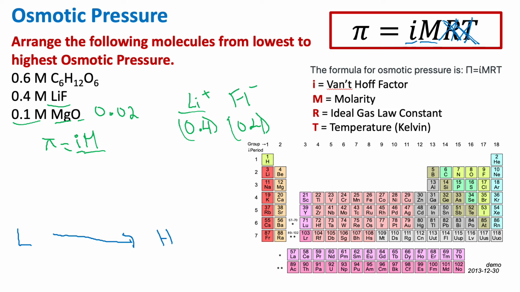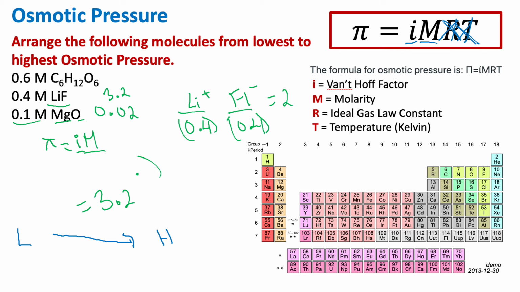Well, we have one thing and we have another thing, so we have two things. So our Van 't Hoff factor is going to be 2. And since we have lithium and fluoride, because it's an ionic compound and it's going to dissociate into its anions and cations, 0.4 times 0.4 is going to give us 1.6. So overall, we're going to get 3.2. So for lithium fluoride, we're going to get 3.2.